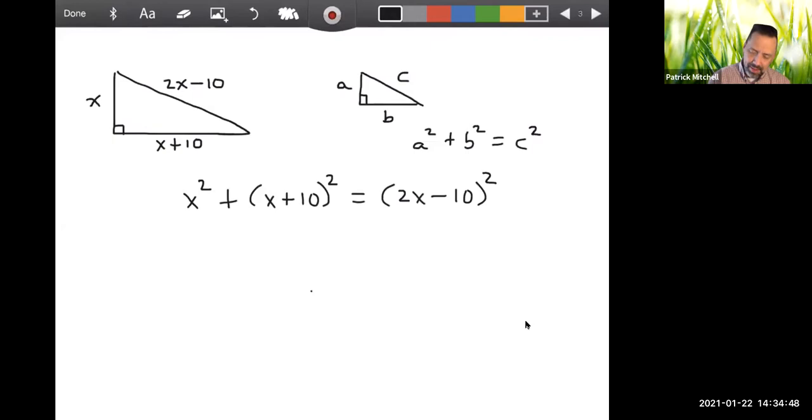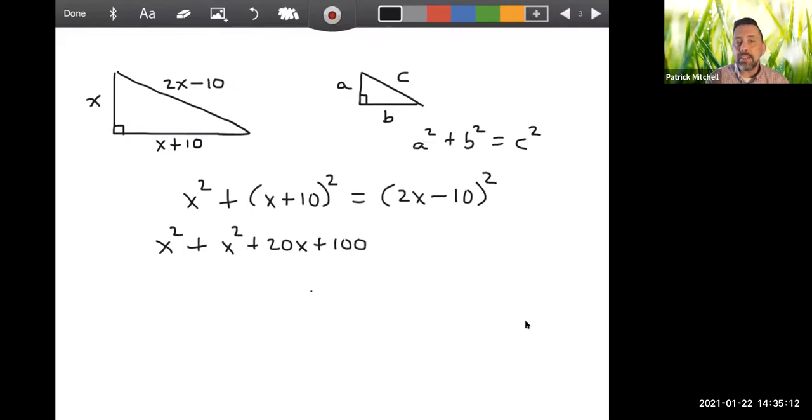All right, so first let's multiply out the x plus 10 squared and the 2x minus 10 squared. So we'll keep this x squared, and then when I multiply out the square of x plus 10, I get x squared plus 20x plus 100.